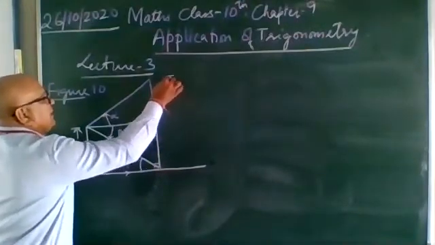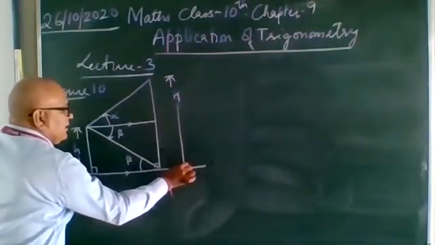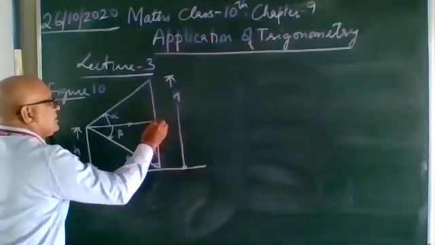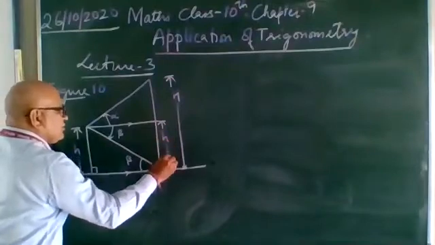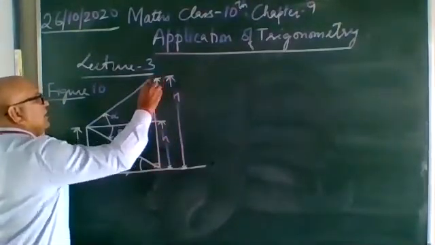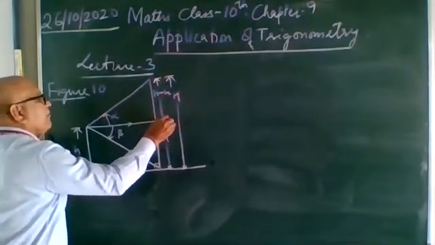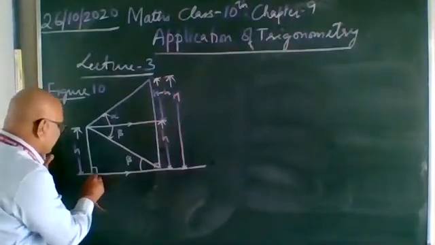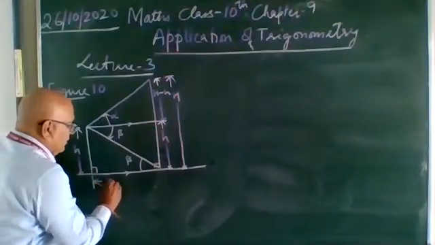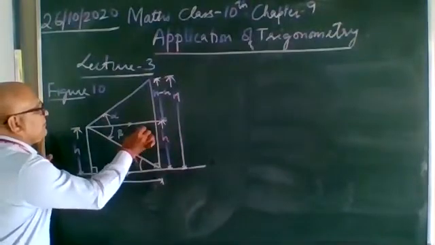So what you will say, height of another house. House may be there, building may be there. So this is small h. And this is h minus x. Now this is x. So this type of question, now this is x.